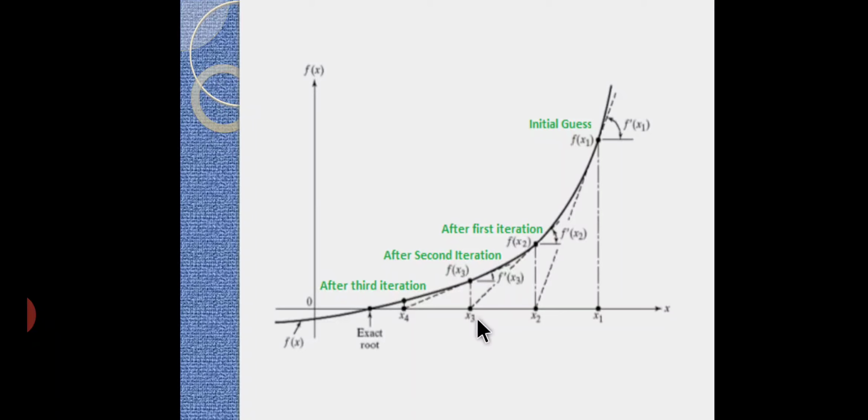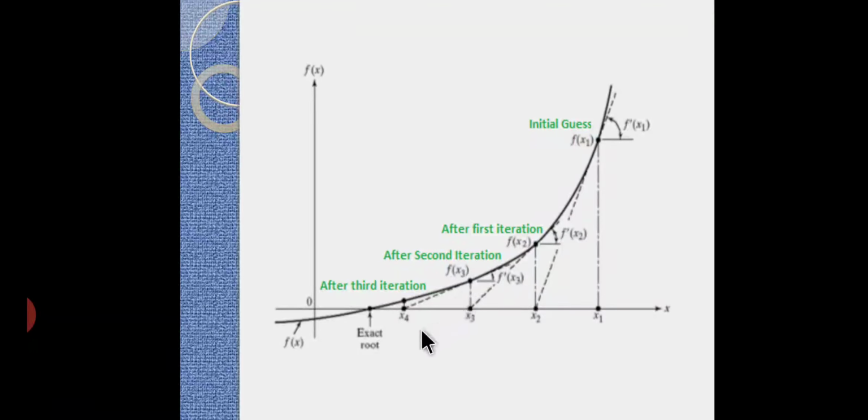The approximation x3 is the x-intercept of the tangent line to the graph of f at x2 comma f of x2, and the approximation x4 is the x-intercept of the tangent line to the graph of f at x3 comma f of x3.